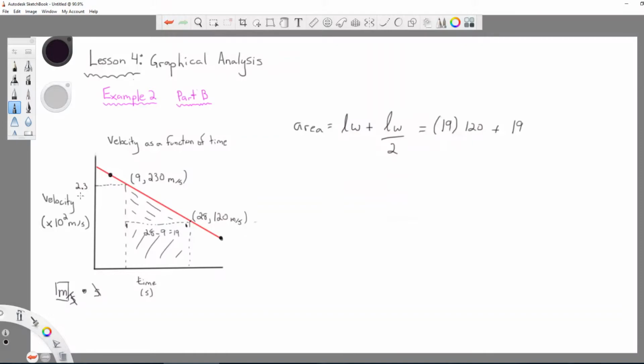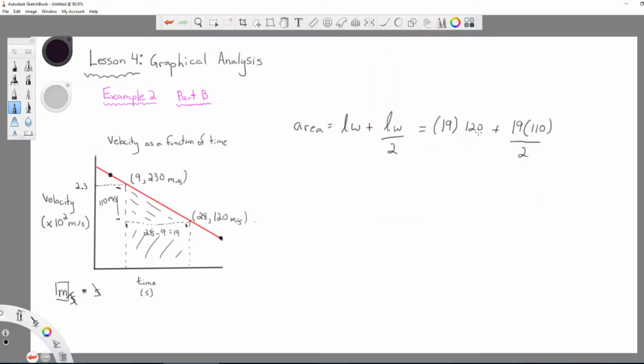Here we have this height of 230, or 2.3, 230, and we're going to subtract the height here of 120 to get this value. So this is going to be 230 minus 120, which is going to give us 110. So this distance here, that's 110 meters per second. So 19 times 110 divided by 2.